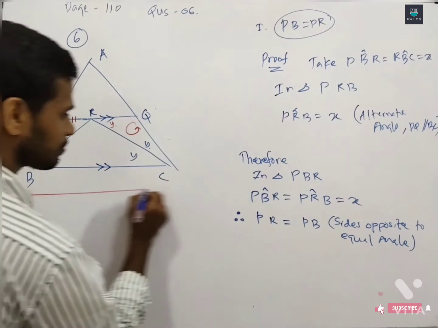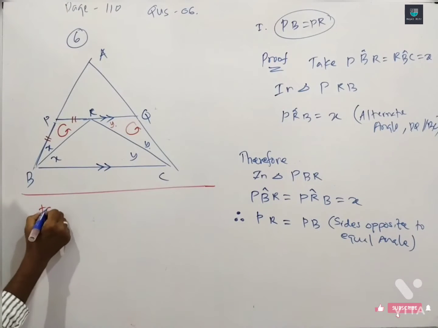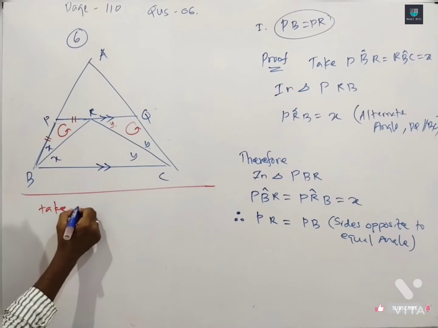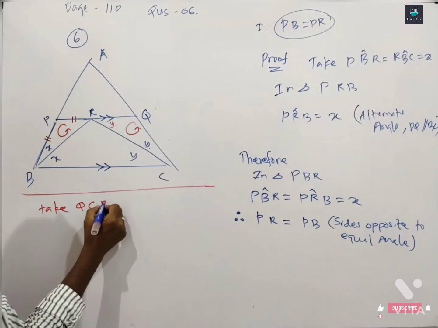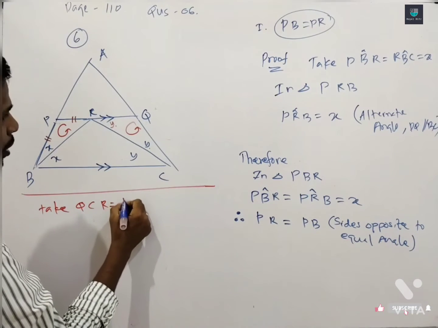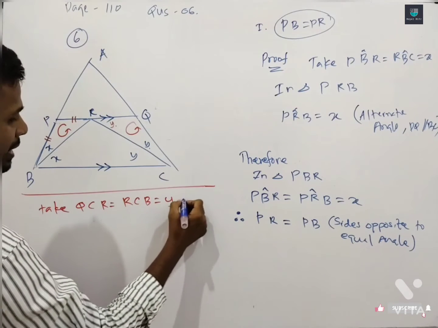Write down this. Take angle QCR equal to angle RCB equal to y.